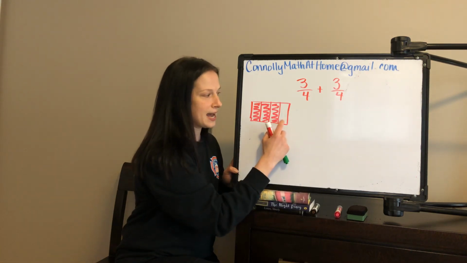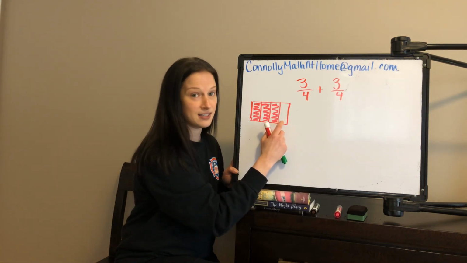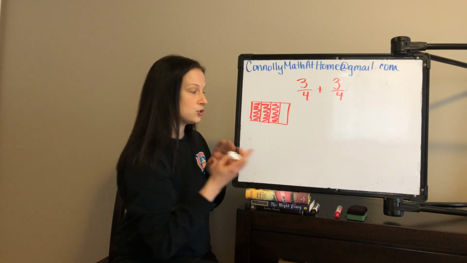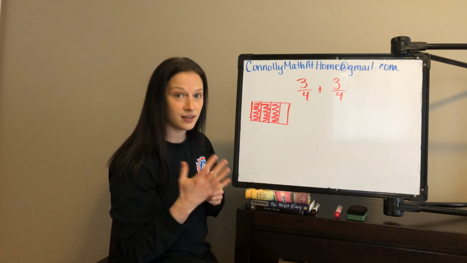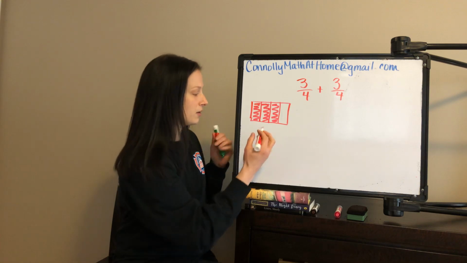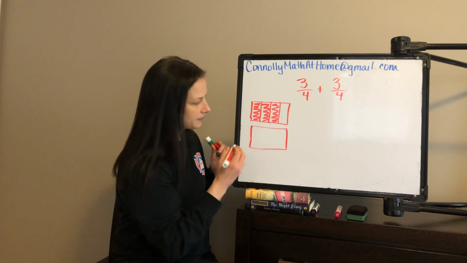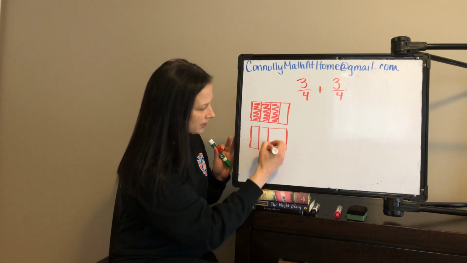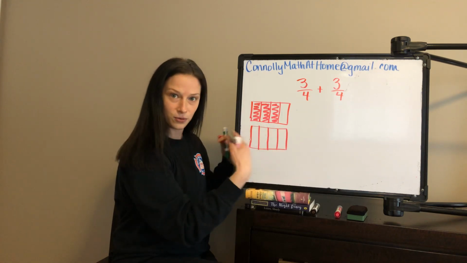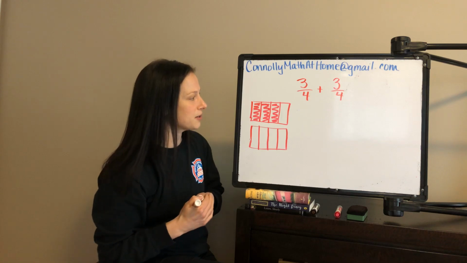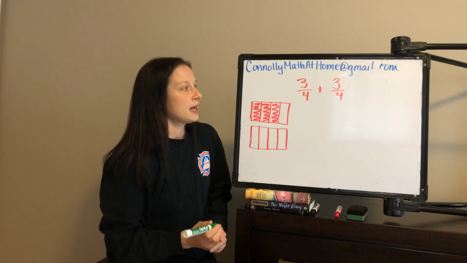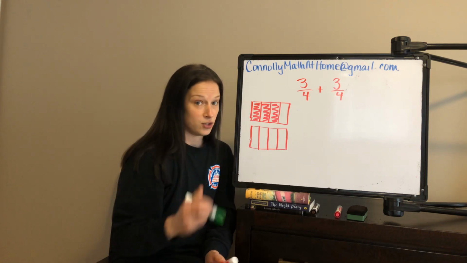So I still need to add 3 of these same size pieces. So I'm going to draw another area model. Okay, I'm going to keep it the same size because when we're talking about equal size parts, they should be equal size parts of the same whole.